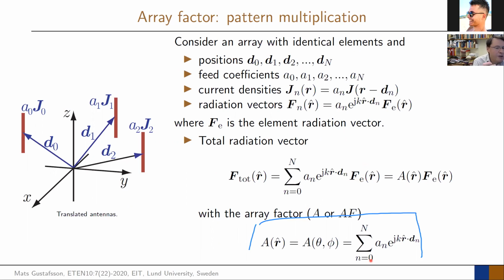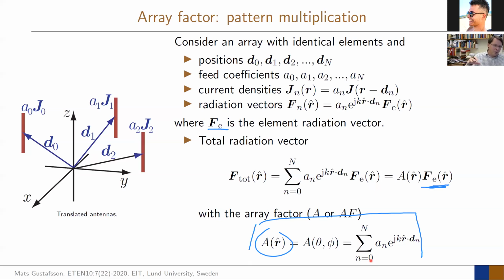When I look at this array factor, it doesn't really matter what antenna element it is. It's the same thing for a dipole antenna, for a patch antenna, and so on. I can take a horn antenna here. It doesn't affect this part. That only affects this one here, the element radiation vector.